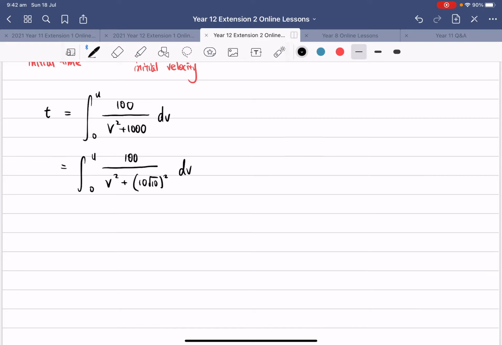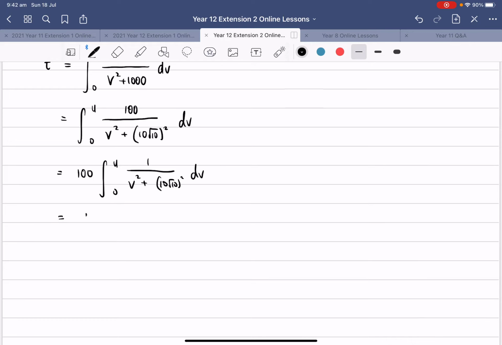So in that case, we can also move the 100 outside, and then we can start to integrate. So what's the answer equal to?